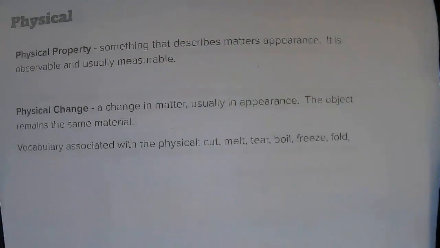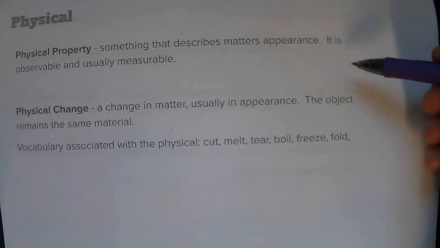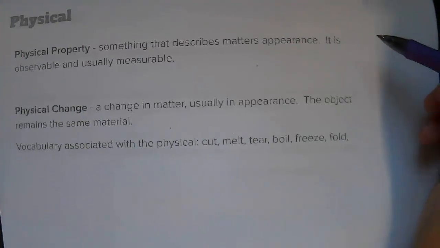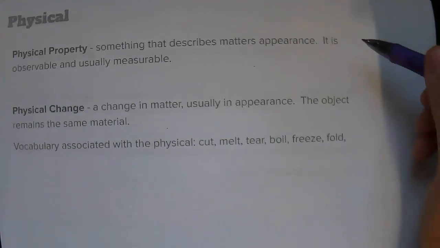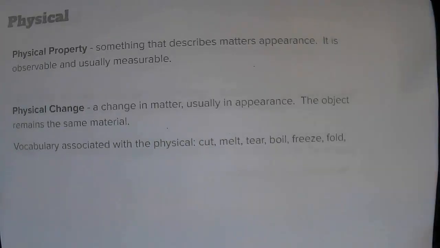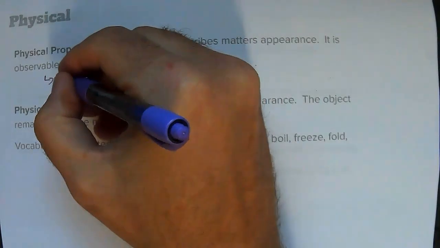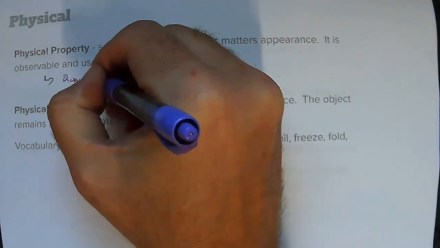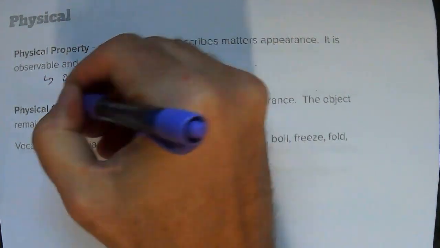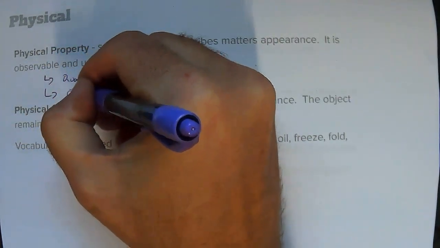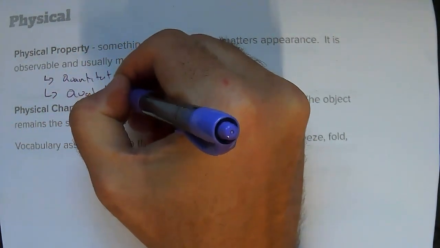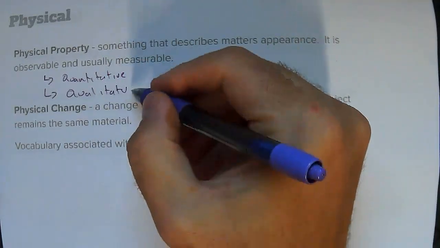A physical property is, and you can pause the video if you want to write this down, something that is observable and measurable. And remember, observable means quantitative and qualitative, right? Qualitative.